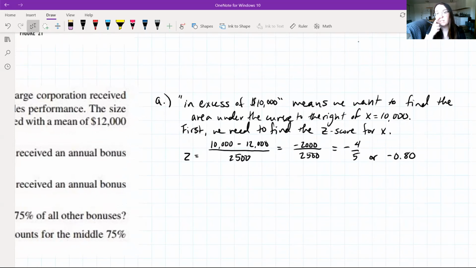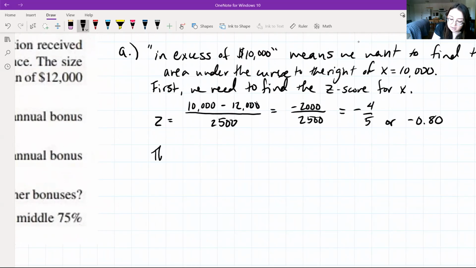Now remember, we're looking for the area under the curve that's to the right of 10,000. So we're going to find the area under the curve that corresponds to our z-score of negative 0.80, and then we're going to subtract that value from 1.